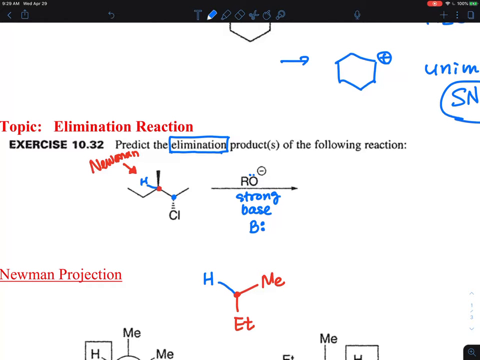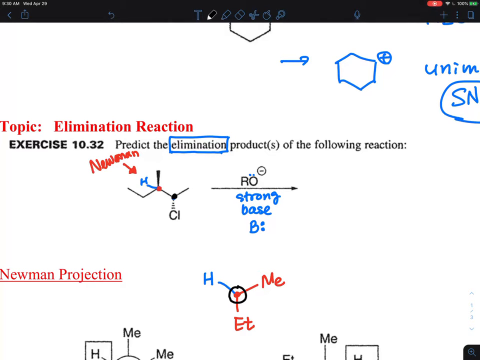And then let me use a black color for the one in the back. This one we are going to use a circle. And this ethyl and this methyl are on the same plane.